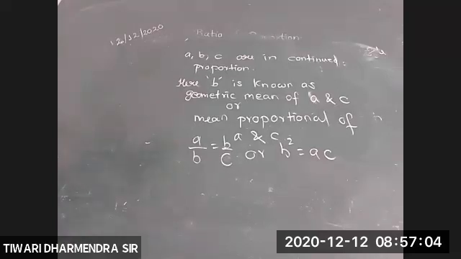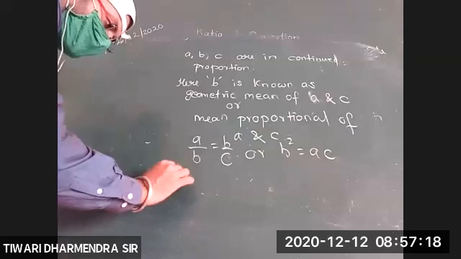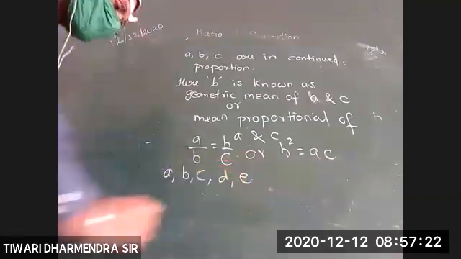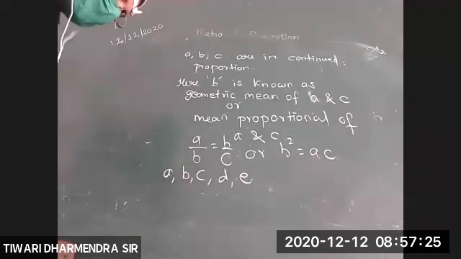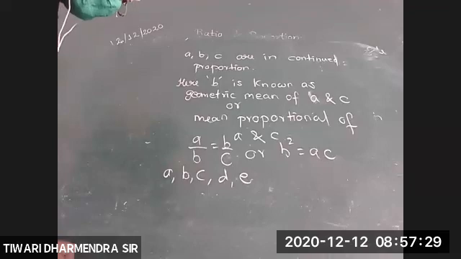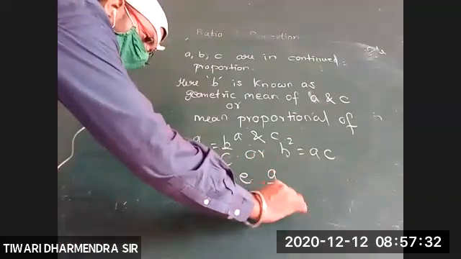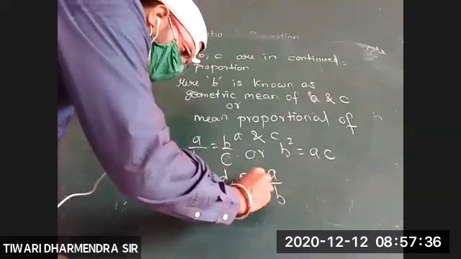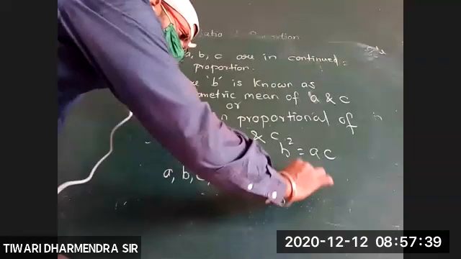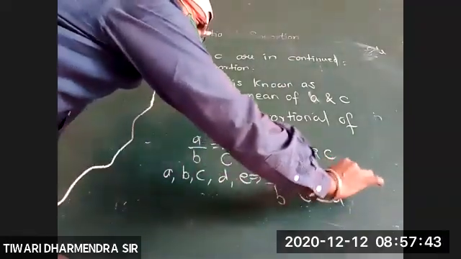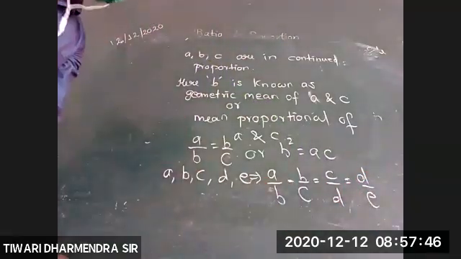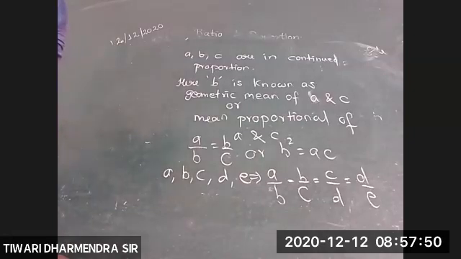If we are having n number of terms, or say in particular, five numbers in continued proportion, how are we going to represent them? Let's say the five numbers are A, B, C, D, E. If I want to write that these five numbers are in continued proportion, we have to write A by B is equal to B by C is equal to C by D is equal to D by E. So we can term that these five numbers A, B, C, D, E are in continued proportion.